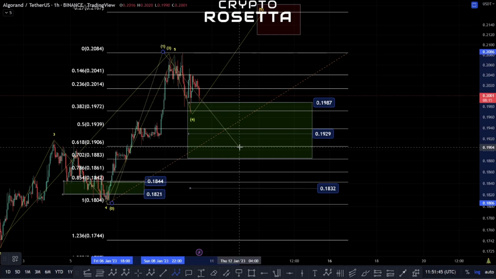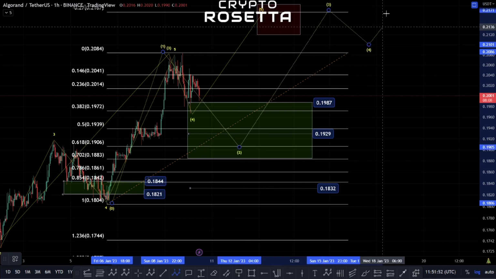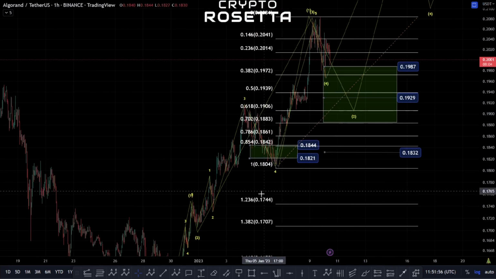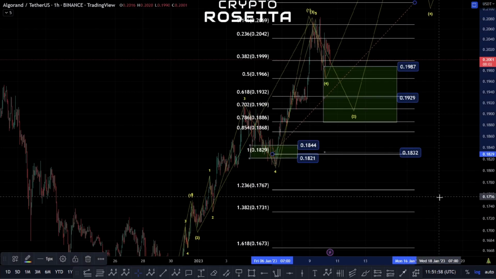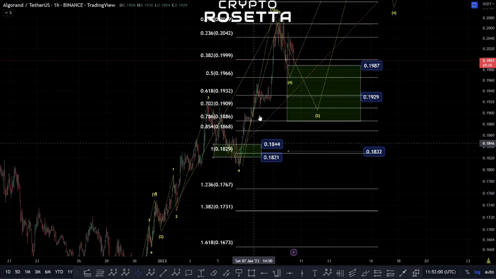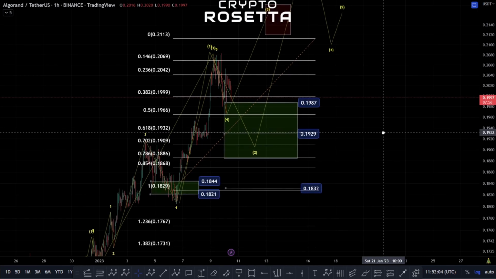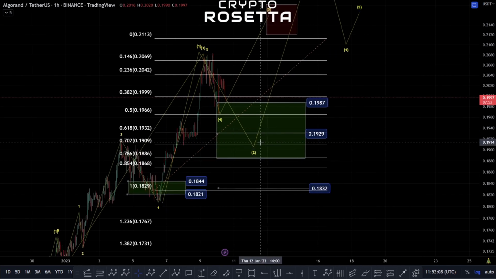Now this would be a more bullish option, where we look to come down into this zone, maybe test out this 618 and then look for a bigger third wave to the upside. And then this would actually mean that within this structure we would have potentially a 1 2 1 2 1 2, which would be very bullish, but it's far too early to tell, and we need to see how these waves react.